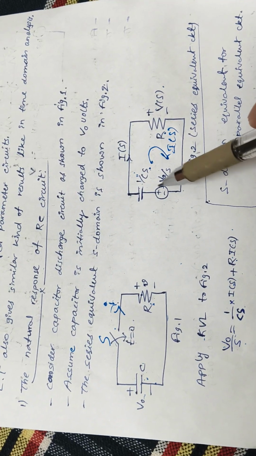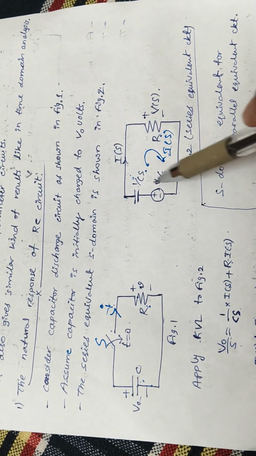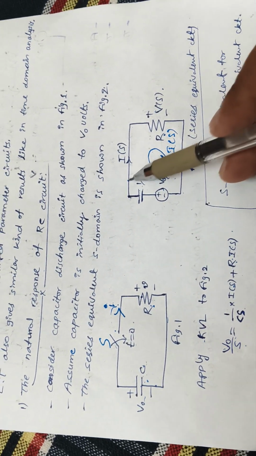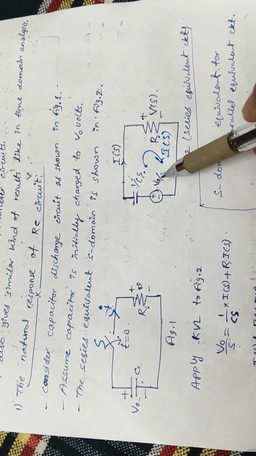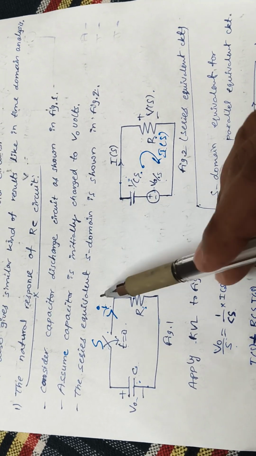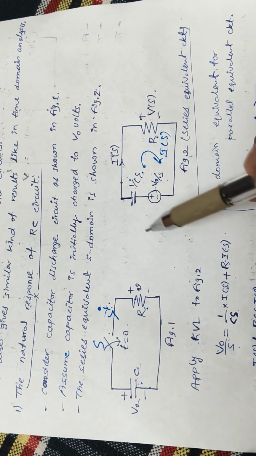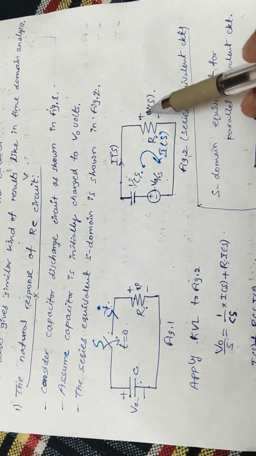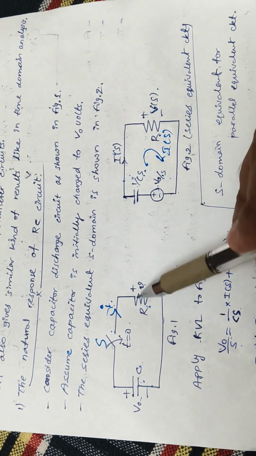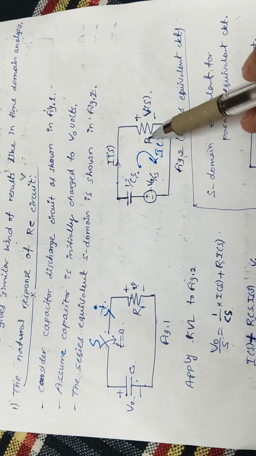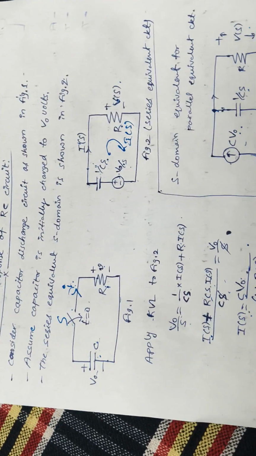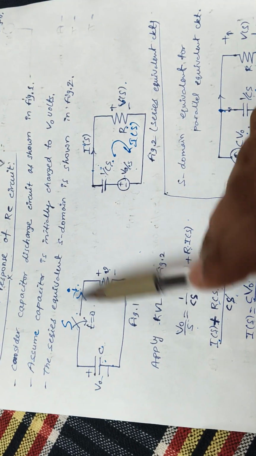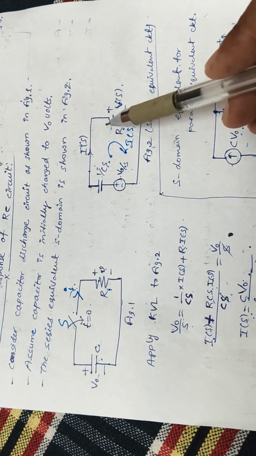The series representation of the capacitance in the S domain is 1 by Cs plus V0 by S, as we saw in the previous class. Small i becomes capital I of S, small v becomes capital V of S, and R stays the same. As a first step, convert into the S domain equivalent circuit.